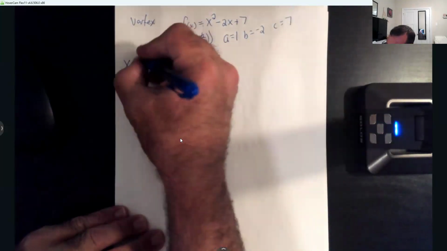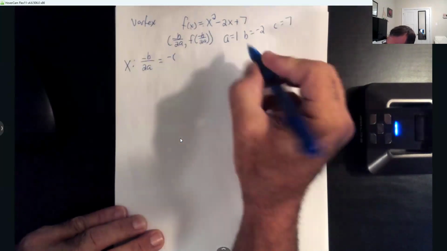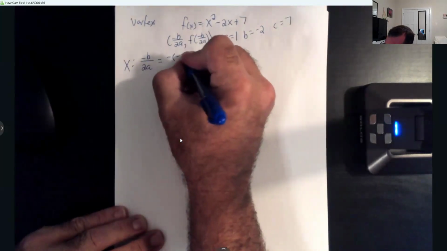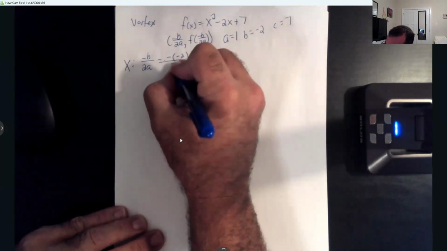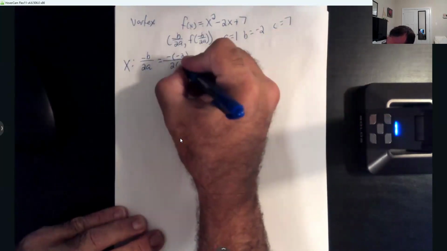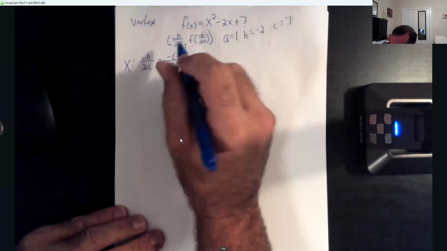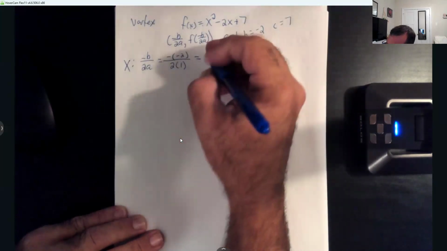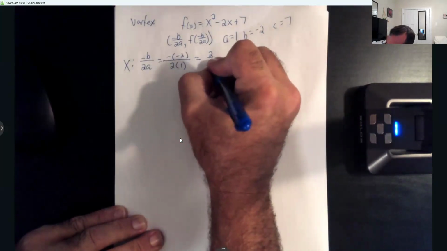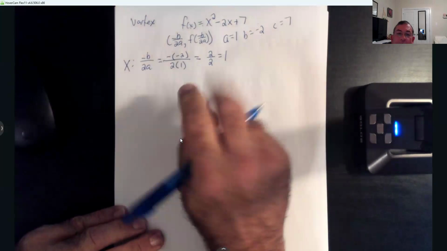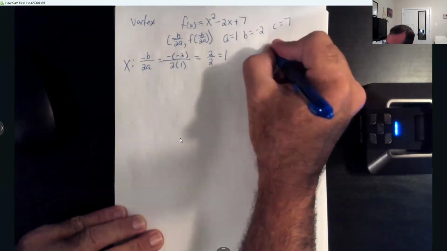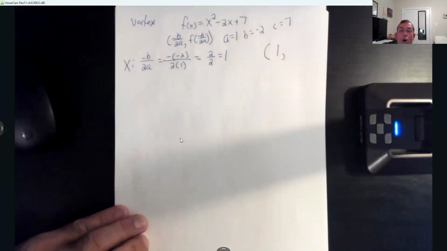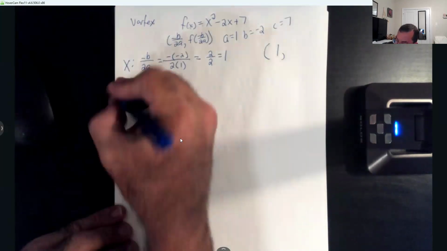All right, y'all, so we got a negative times my b, which is negative 2, over 2 times my a, which is 1. So y'all, that's going to make that a positive 2 over 2, which gives me a 1. We know the x value is a 1 no matter what.